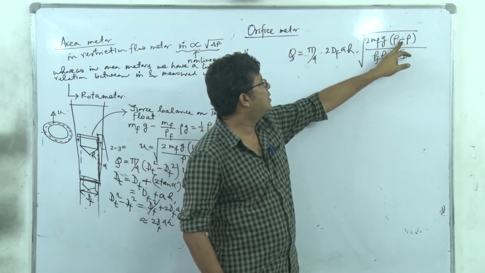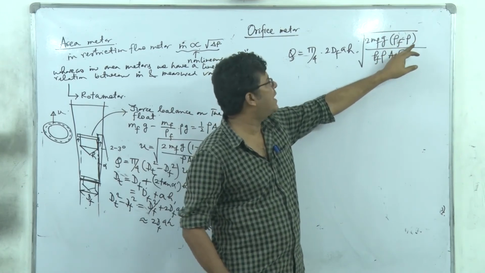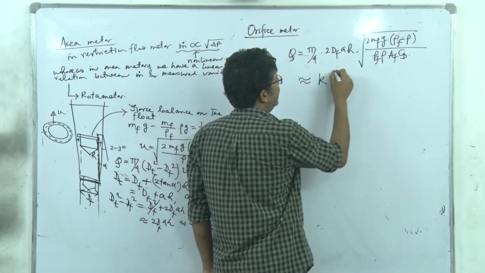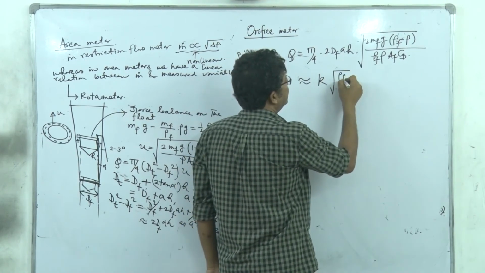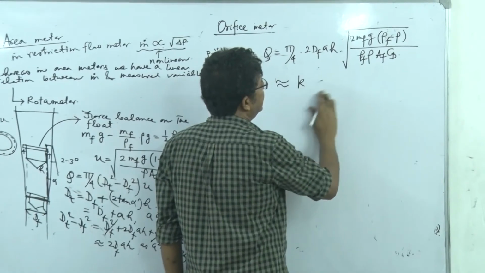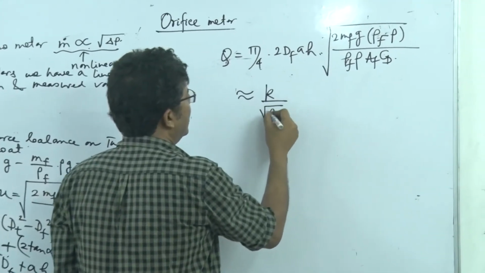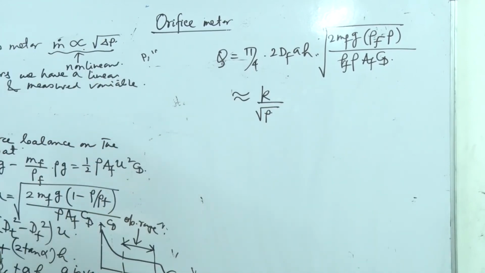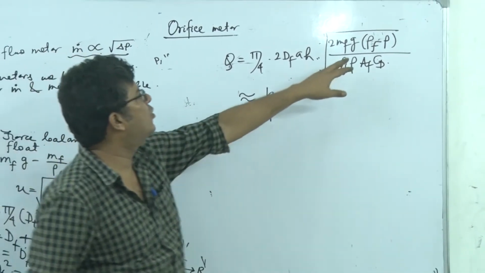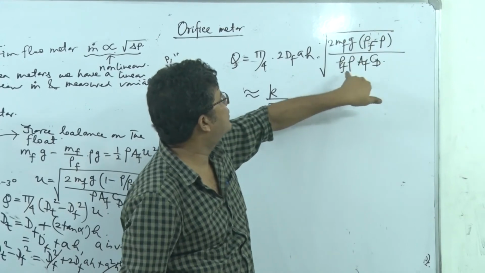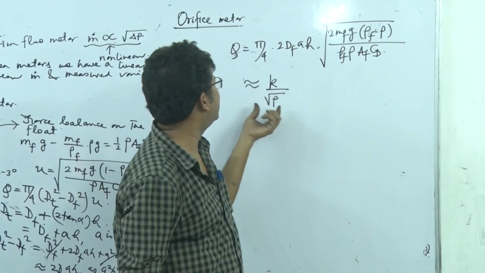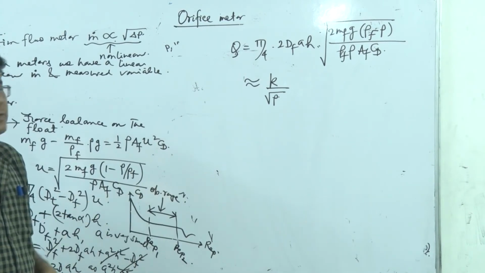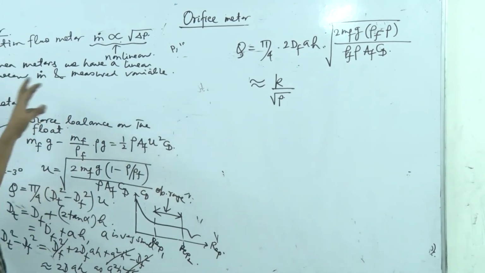Since rho f is much higher than rho, you can approximate this formula as some constant into the square root of rho, and we can disregard rho f. So only rho remains in the denominator, so Q will be proportional to k divided by the square root of rho, and from there we can solve the question.